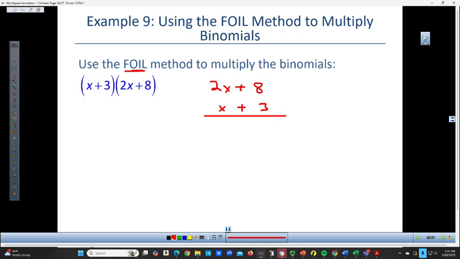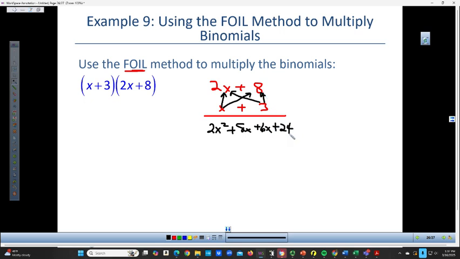So if I was doing this the old school multiplication way, I'm gonna just say 2x times x is gonna give me 2x squared, and then 8 times x is gonna give me plus 8x, and then 3 times 2x is plus 6x, and then 3 times 8 is plus 24, right?